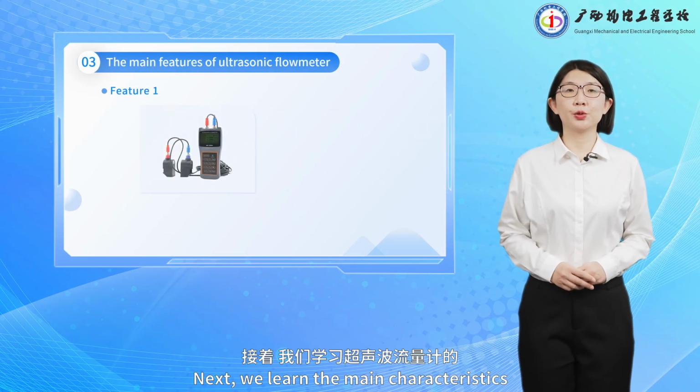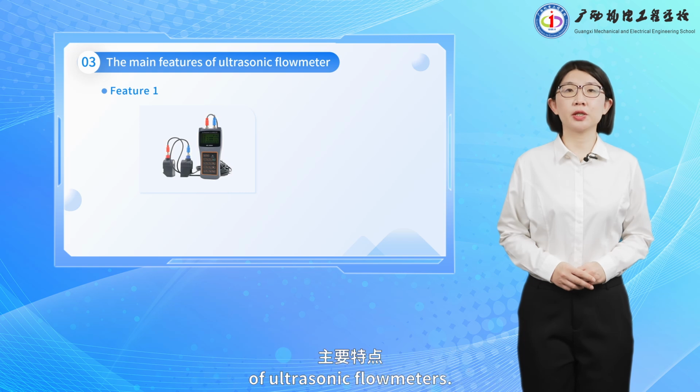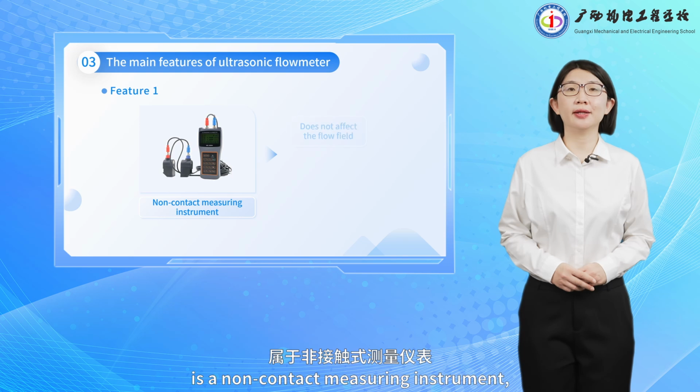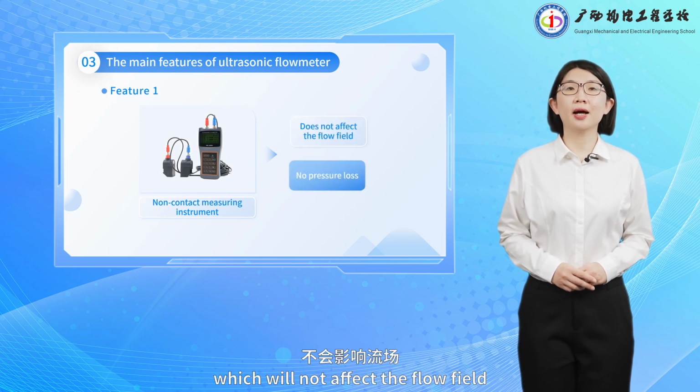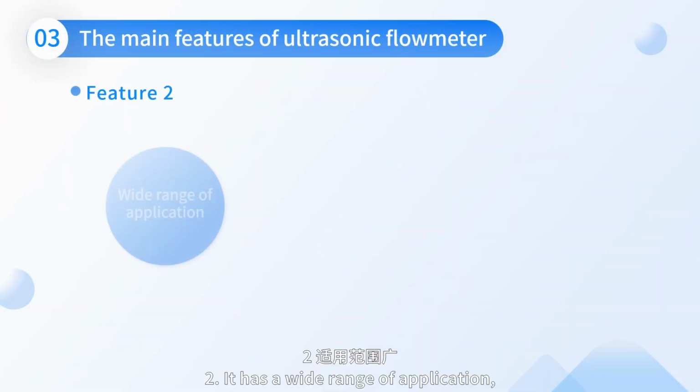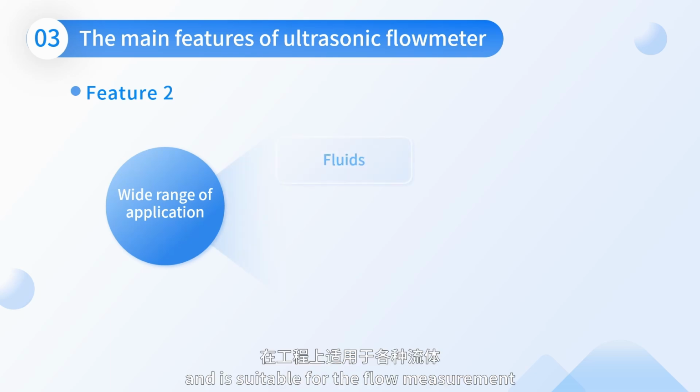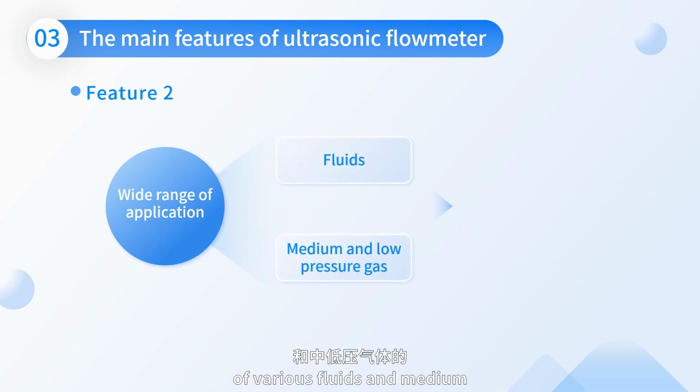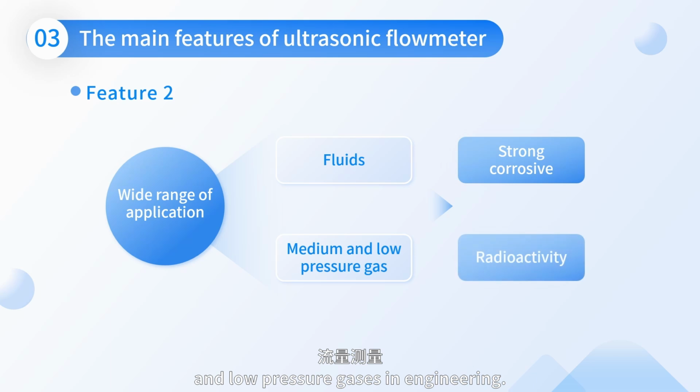Next, we learn the main characteristics of ultrasonic flowmeters. 1. The ultrasonic flowmeter is a non-contact measuring instrument, which will not affect the flow field and has no pressure loss. 2. It has a wide range of application and is suitable for the flow measurement of various fluids and medium and low pressure gases in engineering.